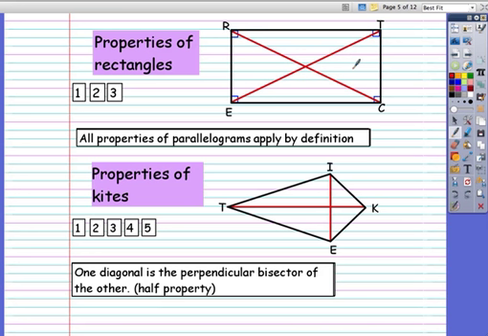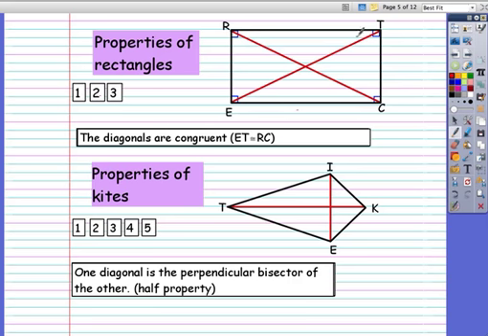In addition to all those properties of parallelograms, rectangles also have all of their angles as right angles. So not only are R and C congruent to each other, but R and E are congruent to each other. So all of my angles are the same and they're all 90 degrees.